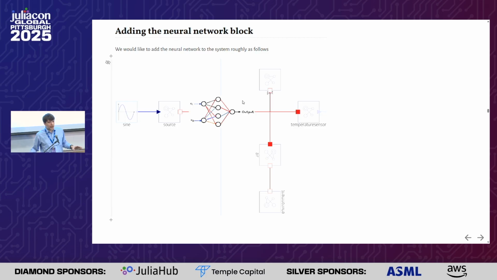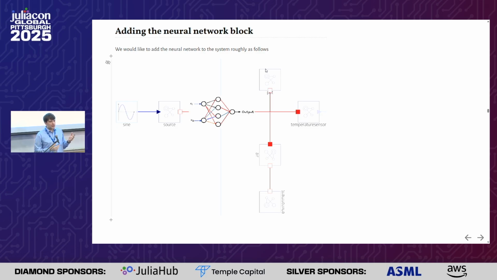So we would want to add the neural network into the system in this way. We want to put it between the source and this pot element, and it will be connected then with everything. But we cannot just put a neural network in the system because the system works with physical units.